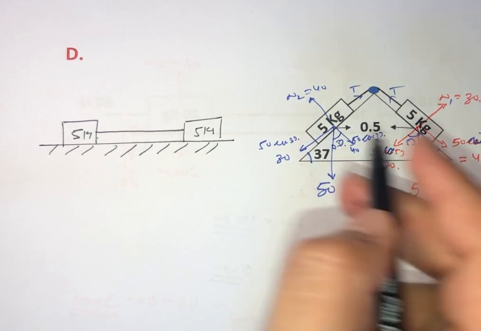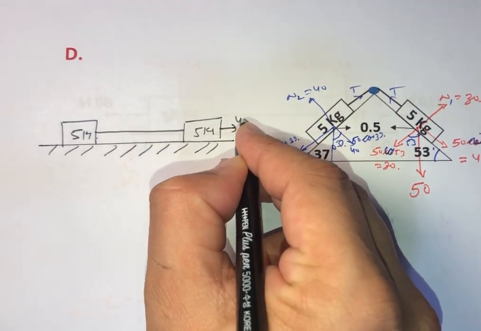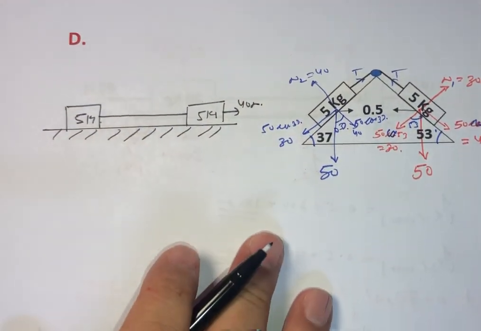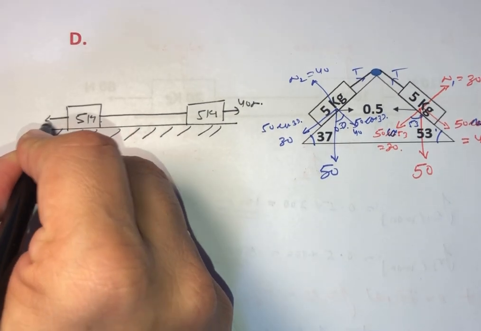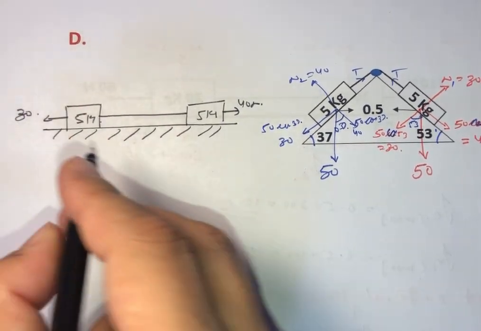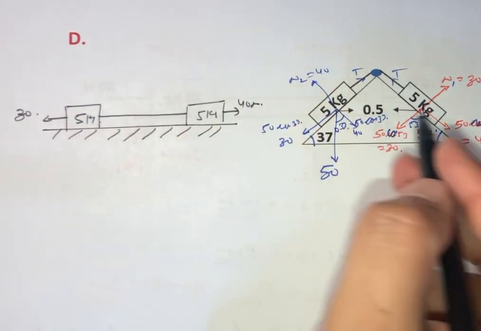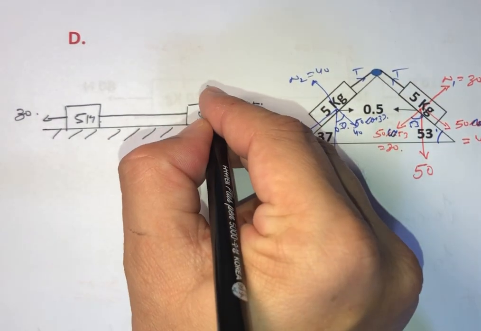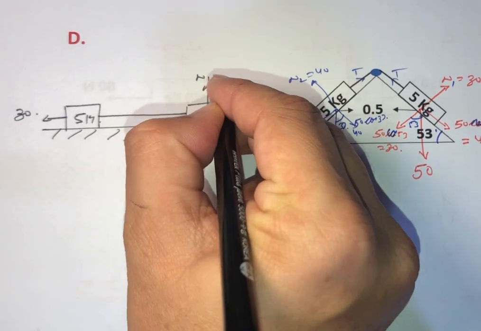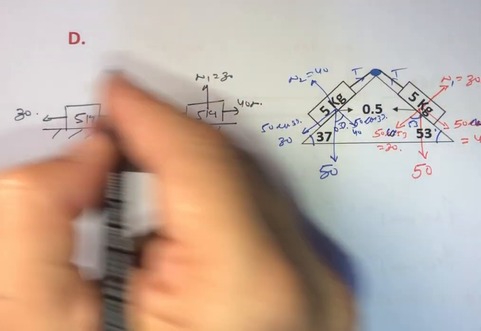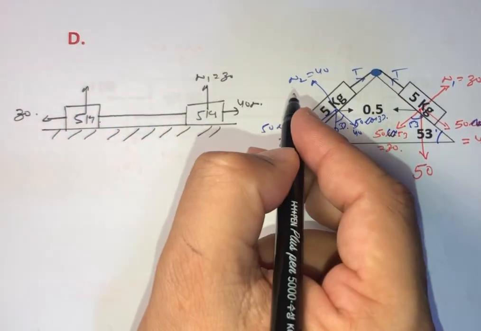and there is a force of 40 Newton in this direction, and there is a force of 30 Newton, and normal n1 is 30, and here we have n2 40.